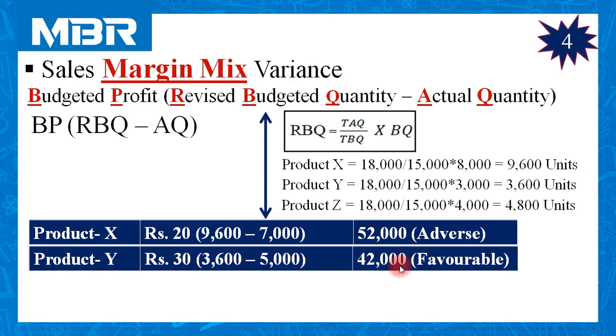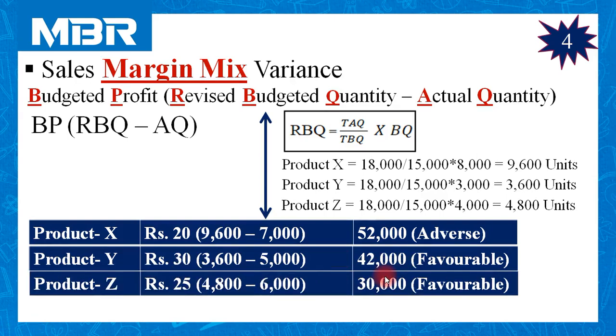Total 42,000 favorable. Product Z, rupees 25 per unit. Revised budgeted quantity is 4,800 units and actual quantity given as 6,000 units.